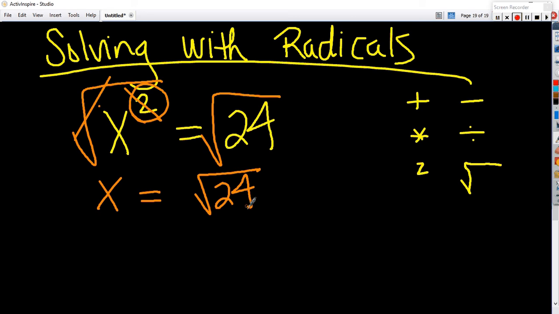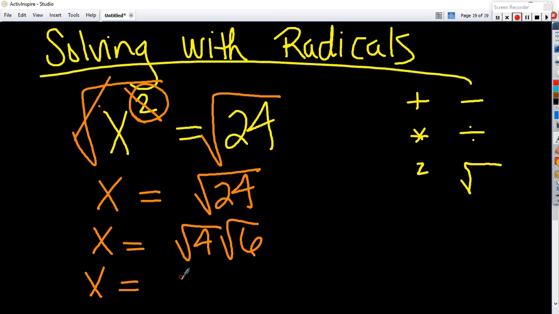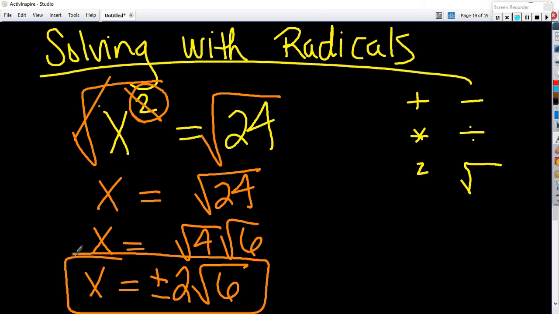How do you simplify that? Using this list, find the biggest one you can divide 24 by. What is it? 4. 4 and what? 6. So I got 4 and 6. The square root of 4 is 2. Now it is solved for x. Okay?